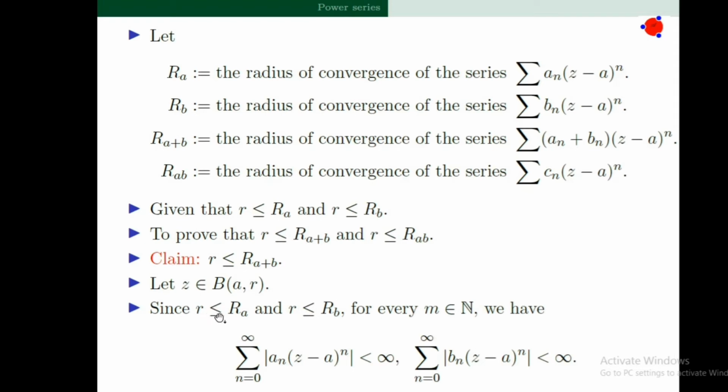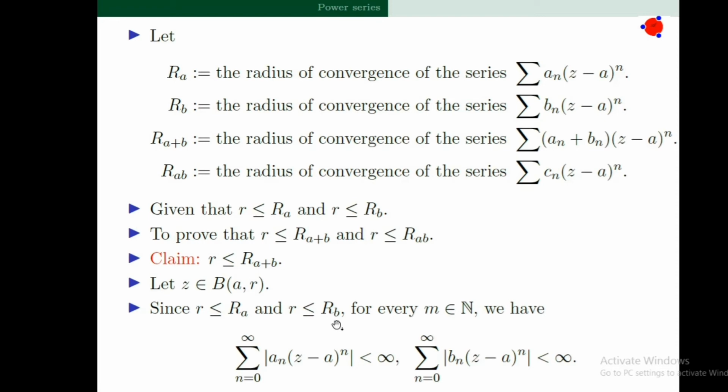Since r is less than or equal to Ra, the power series sigma an (z minus a)^n is absolutely convergent. That means this series is a convergent series.